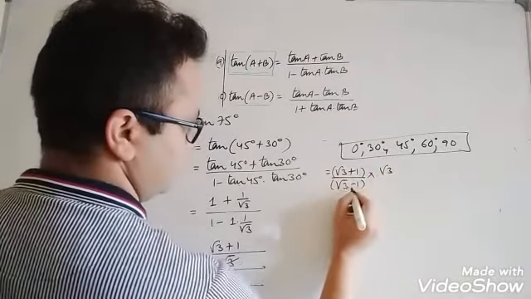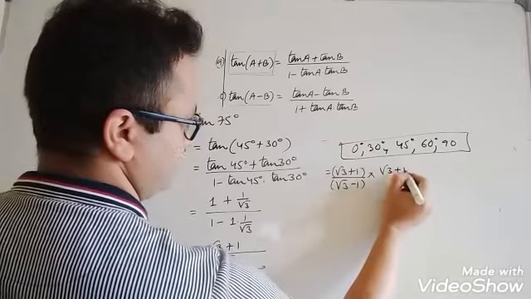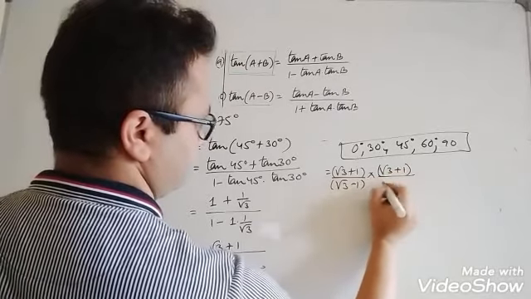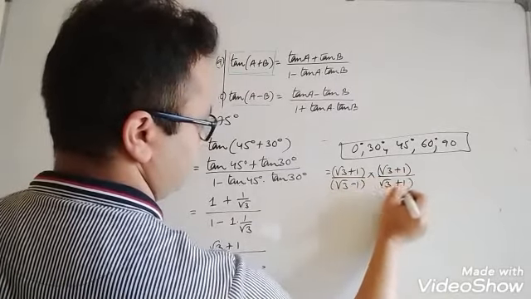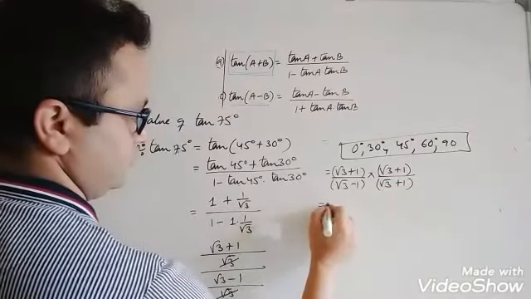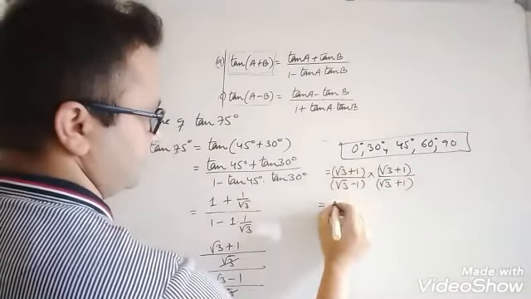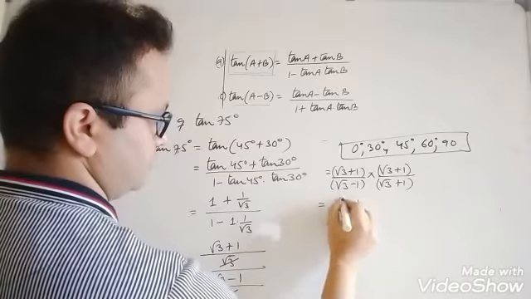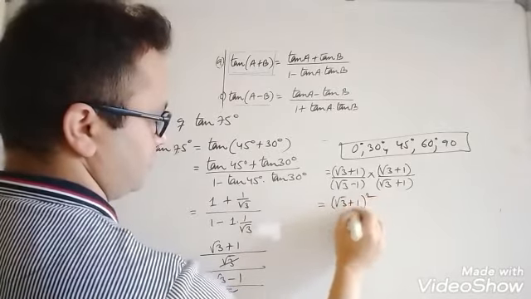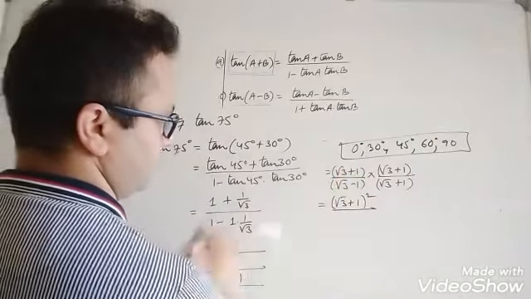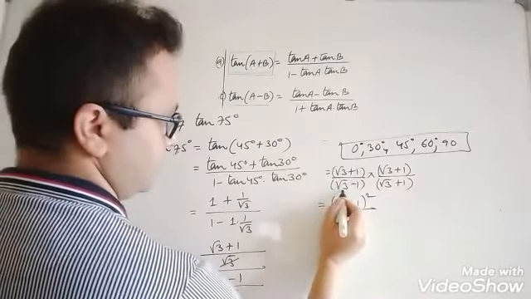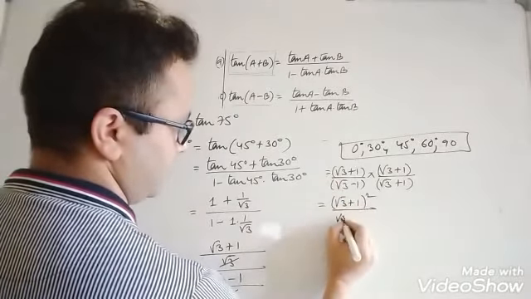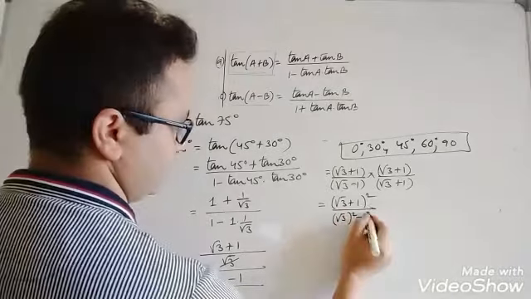So the root 3 minus 1 here, you have to put plus, root 3 plus 1. These and these are the same, so we can write (root 3 + 1) whole square, because of the same number. In the denominator it is (a − b)(a + b), so it is a² − b², that is root 3 squared minus 1 squared.